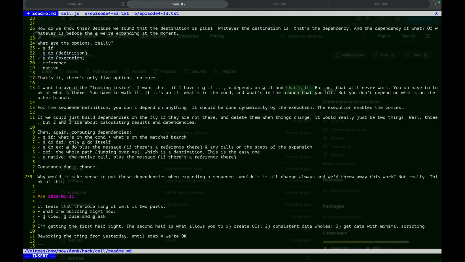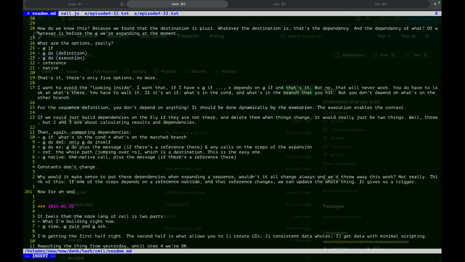Think of this. If one of the steps depends on a variable outside, a reference outside, and that reference changes, we can update the whole thing. It gives us a trigger.